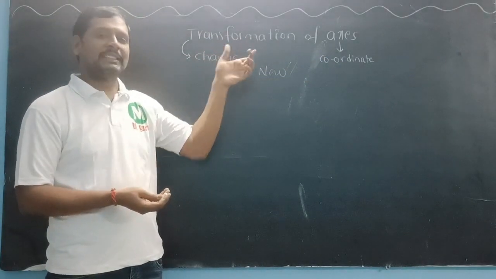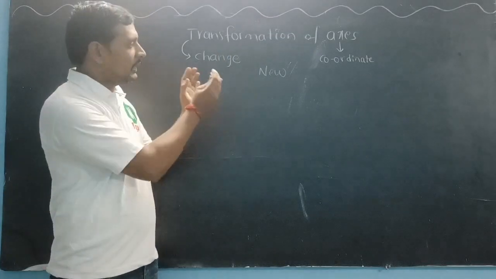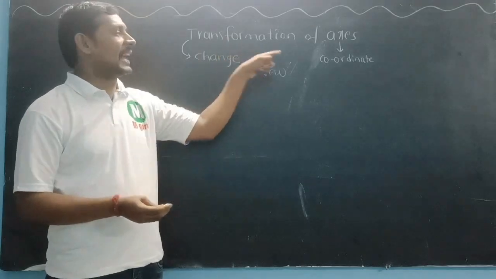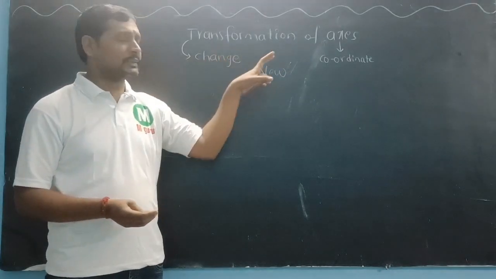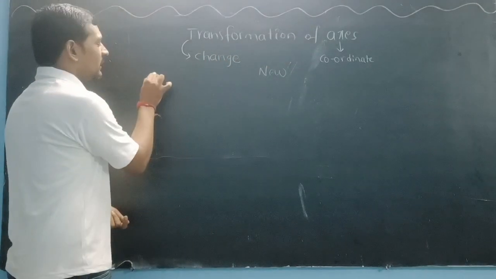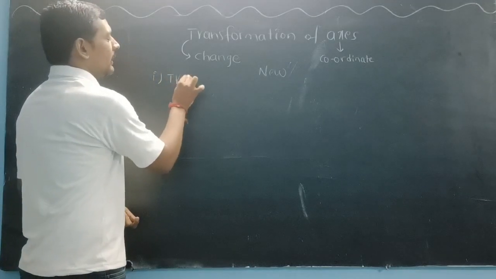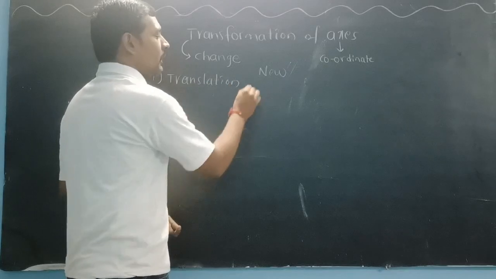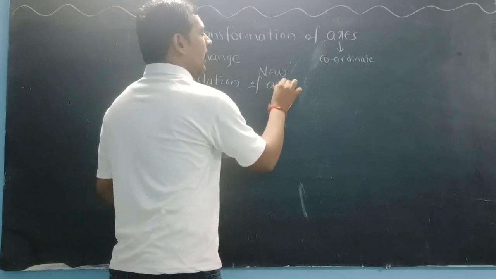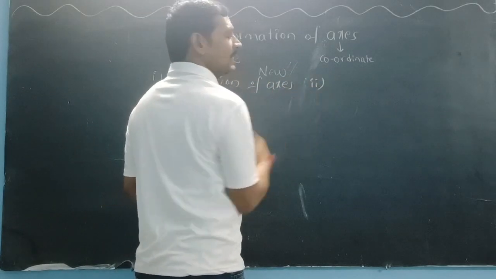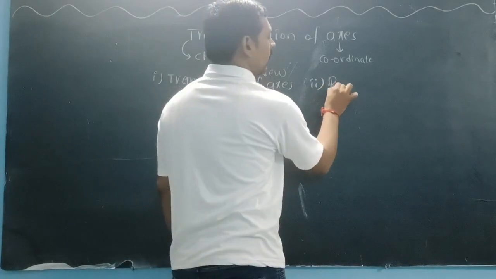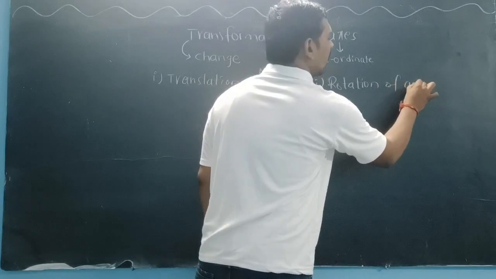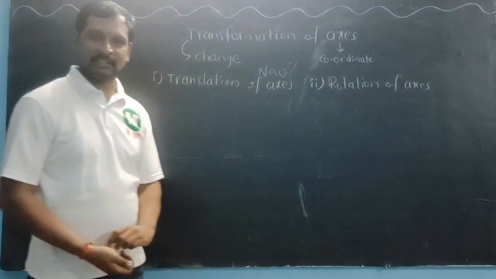When we are discussing transformation of axis, here particularly we are going to discuss two types of transformations. The first one is called translation of axis, whereas the second one is called rotation of axis.